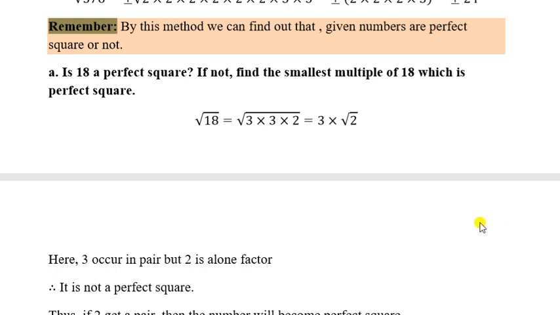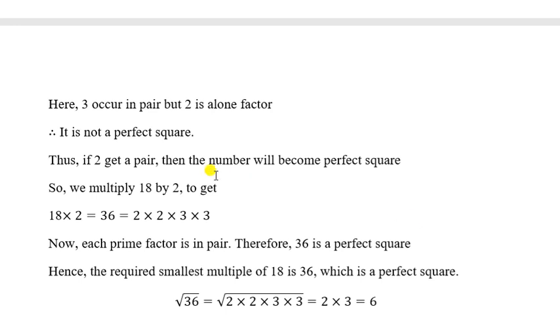Now how to make it a perfect square number? We need to get a pair, because 3 is already present in pair form but 2 is not. So we have to make 2 a pair. That means we have to multiply by one more 2.